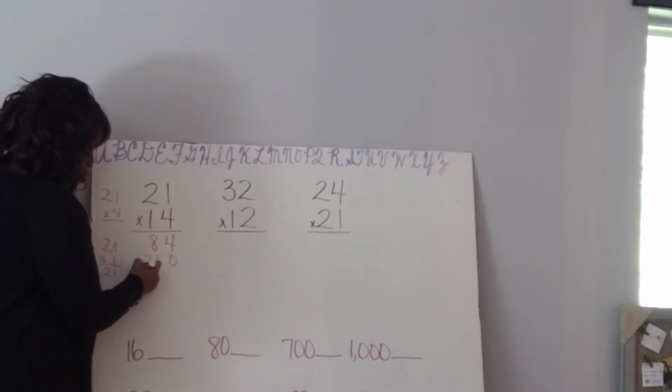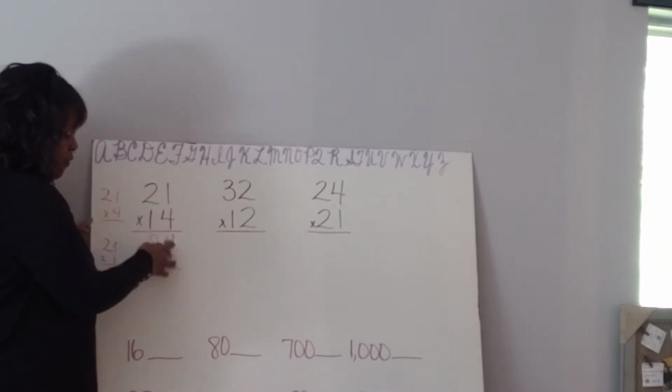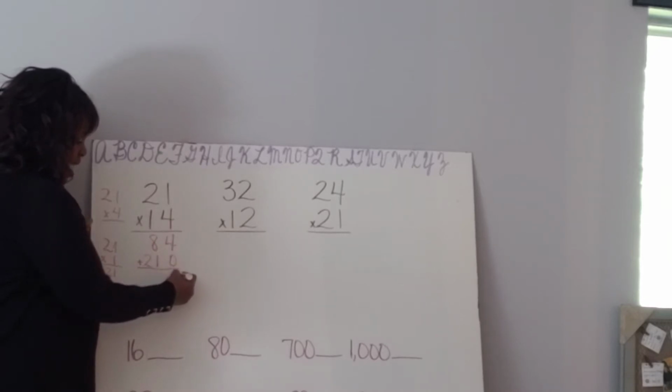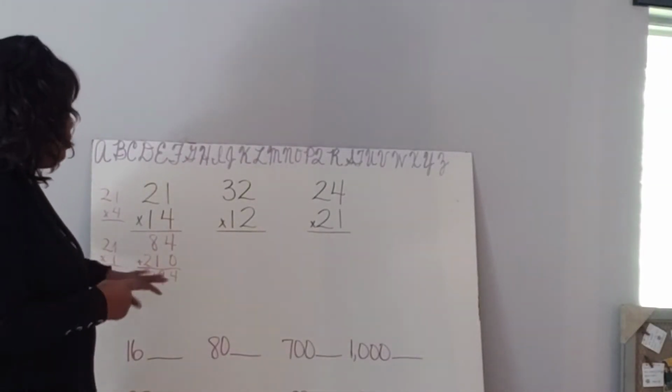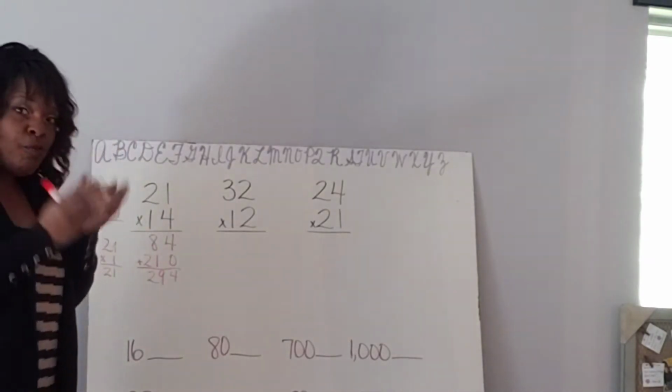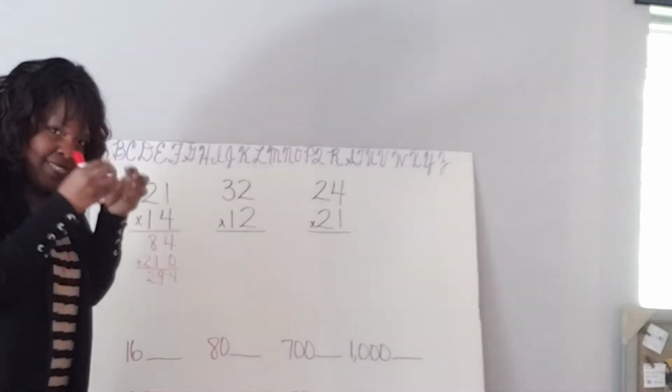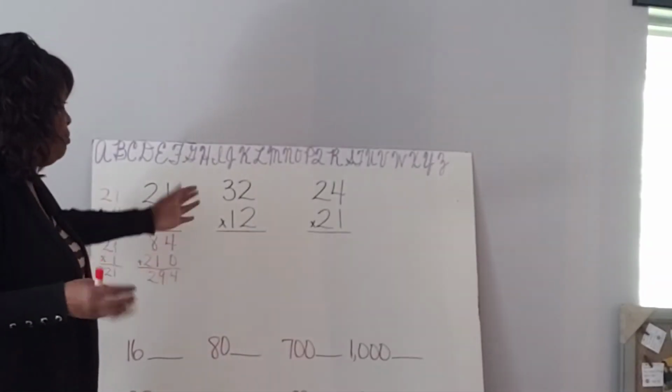And then you add your partial products together. 4 plus 0, 8 plus 1, and 0 plus 2. How easy was that, right? Yes, see, I told you. That's all you have to think about. When you break it down and do it in sections, it makes it so much easier to recognize.